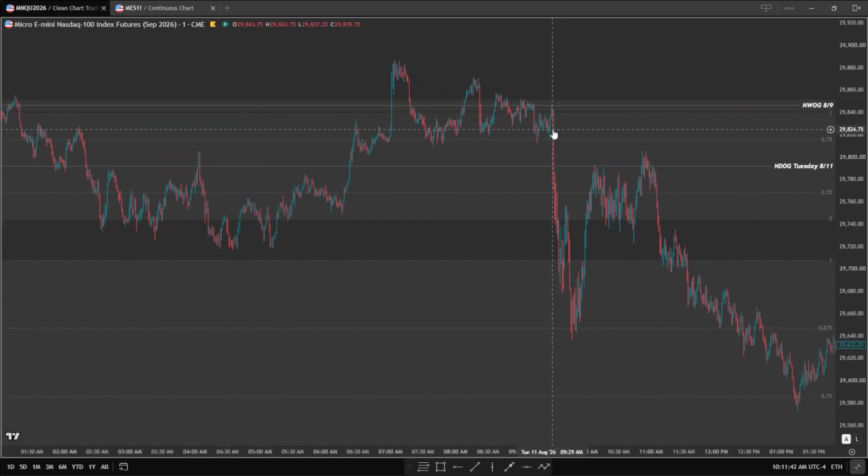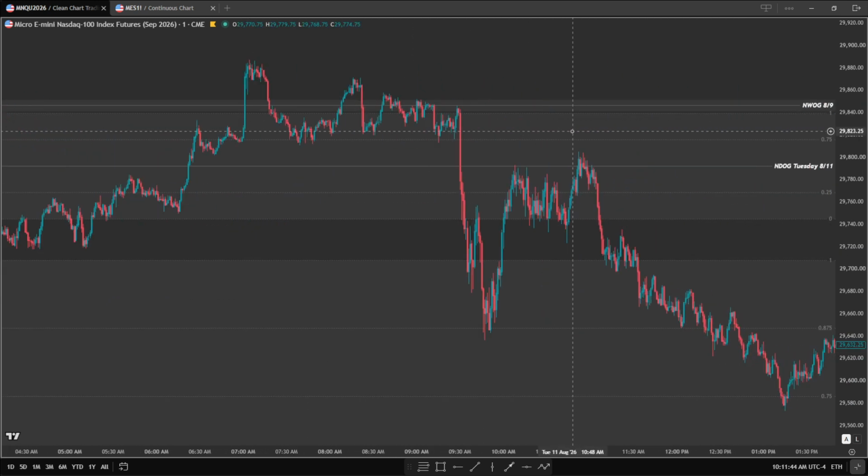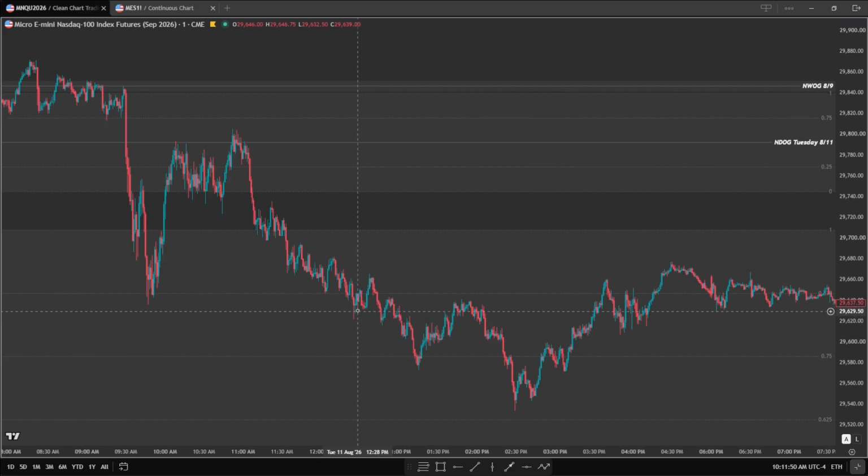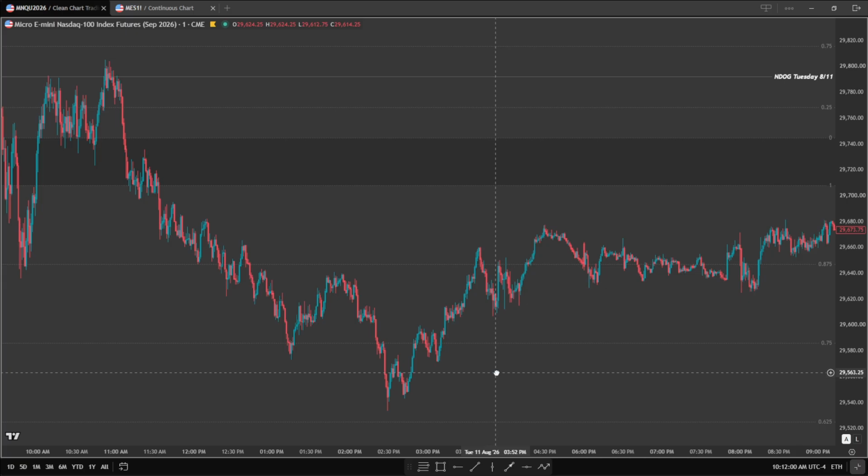Tuesday, I did not do very good on Tuesday. I traded the morning session really nicely, but the afternoon session, the macro, I was trying to go up for the buy side here, but it just kept grinding lower. I tried to short it here, but I was upset about this not working.